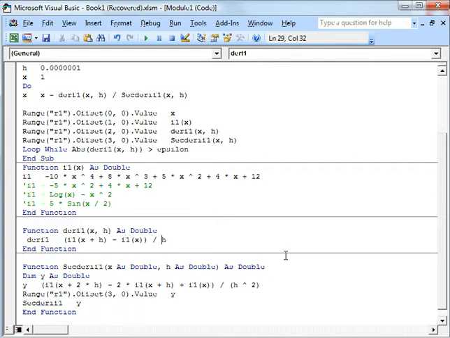All I'm doing is really applying this formula again, but now the original function is the complete formula, and by doing this twice we obtain this function.